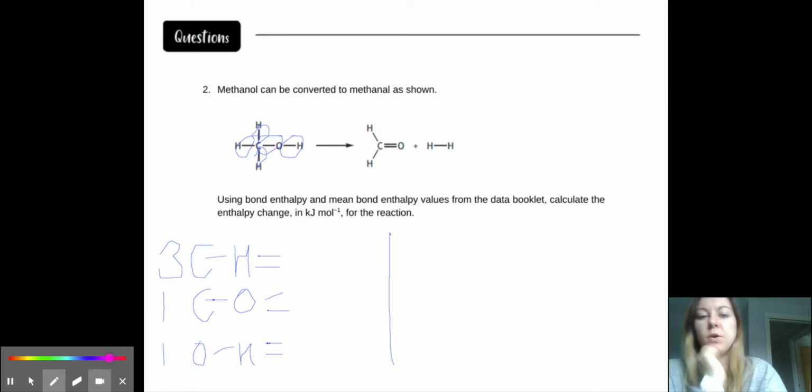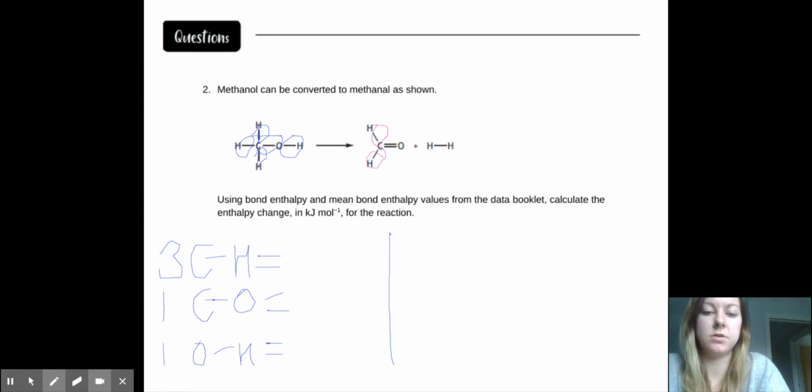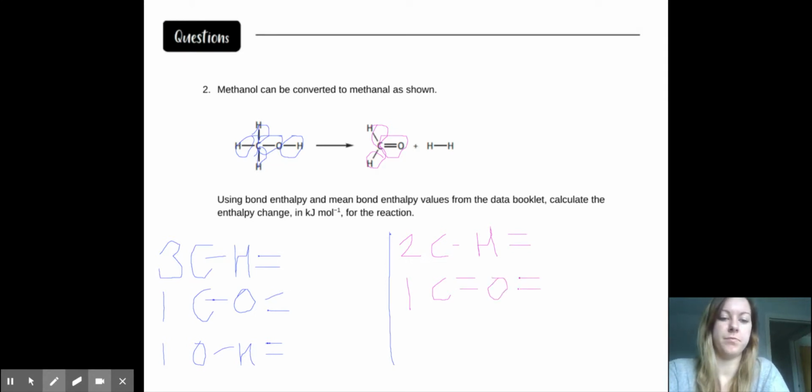We're now going to do our bond making side. So we have 2 carbon to hydrogens, and we have 1 carbon double bond to an oxygen. And lastly, we have the hydrogen to hydrogen bonds. We have 1 hydrogen to hydrogen.